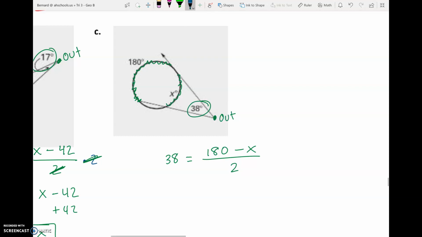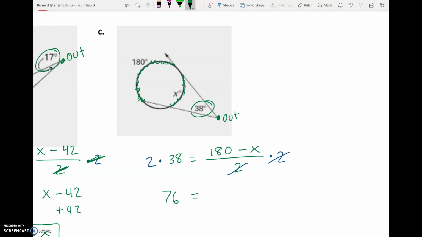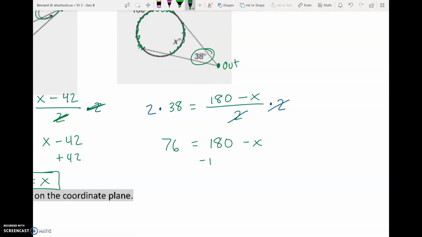And so I'm going to times both sides by 2 again. These 2's cancel. On the left, we get 2 times 38, which is 76. And on the right is just what's in the top of the fraction, so 180 minus x. So I'm going to subtract 180 from both sides now.